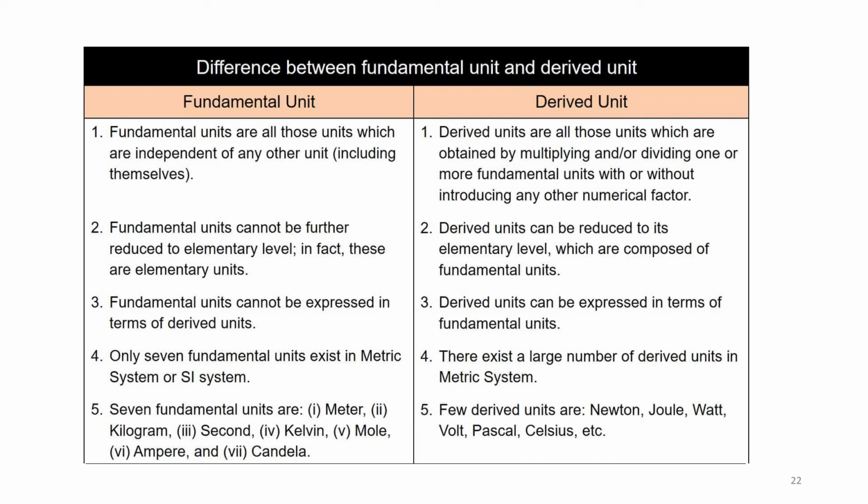Derived unit. The first point is derived units are all those units which are obtained by multiplying and or dividing one or more fundamental units with or without introducing any other numerical factor.